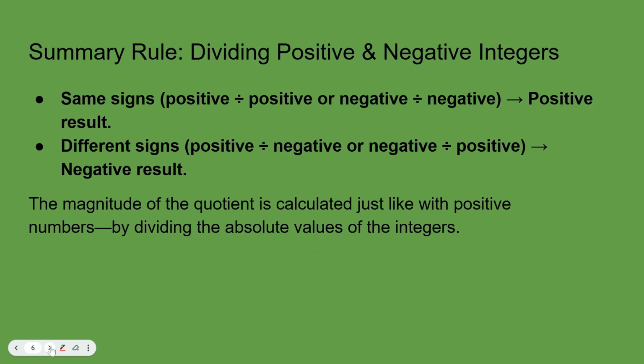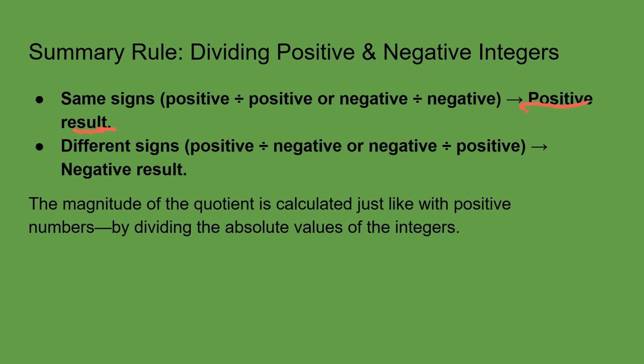All right, so for the summary rule in dividing positive and negative integers, always remember same signs, like positive divided by positive or negative divided by negative, will always give us a positive result.